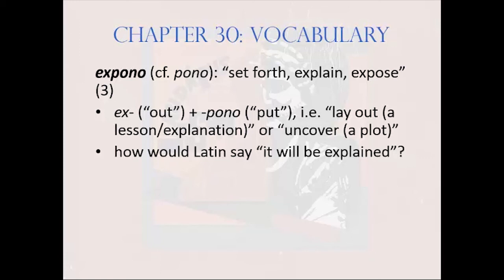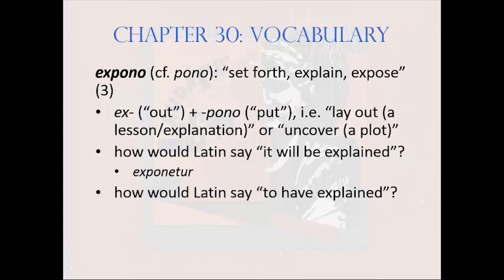Conjugation. What conjugation is expono? Third. And the future tense marker in third is e. So, exponetur. And what about to have explained?